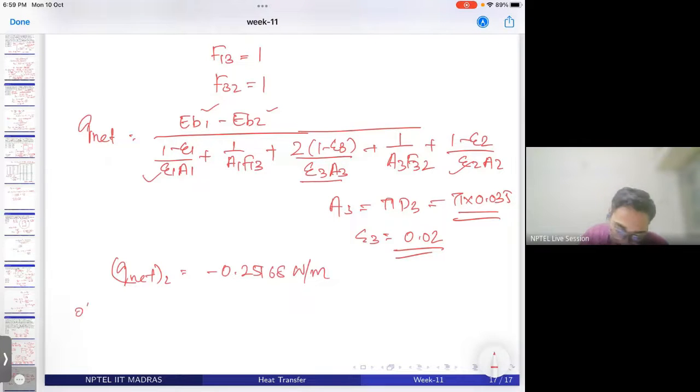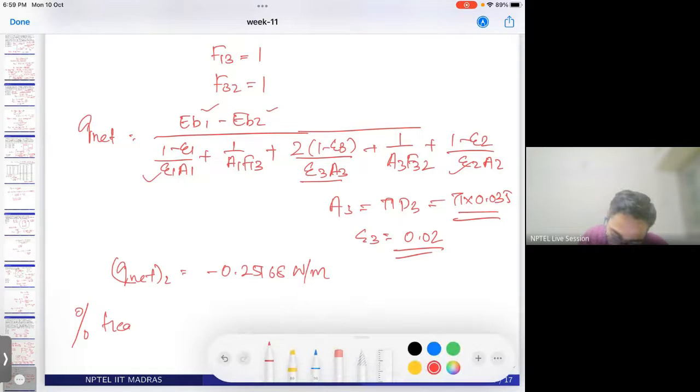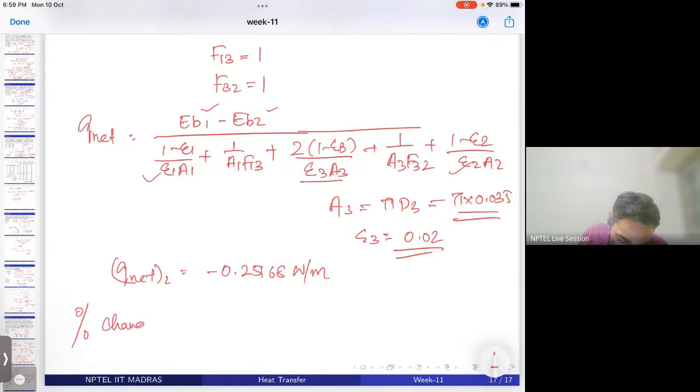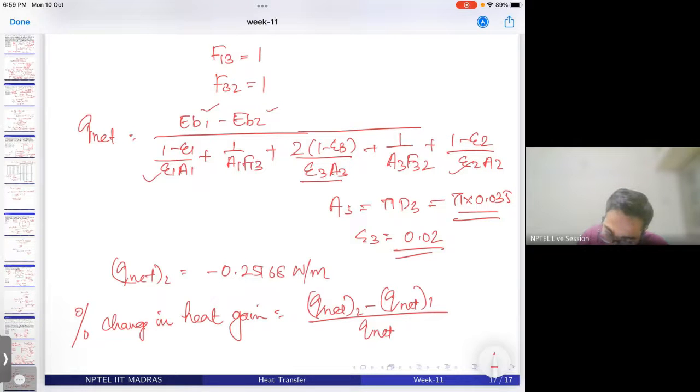The question is the percentage change in heat loss, percentage change in heat gain, which is equal to (Q net 2 minus Q net 1) divided by Q net 1. I am taking the absolute values, 0.2517 divided by 0.501.